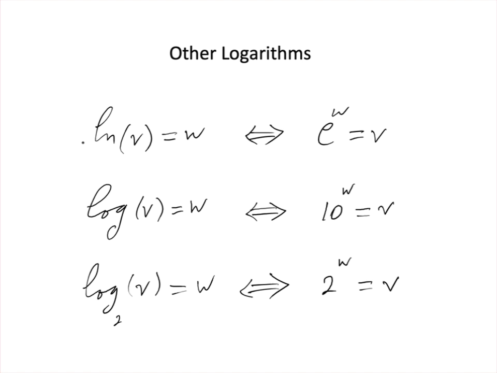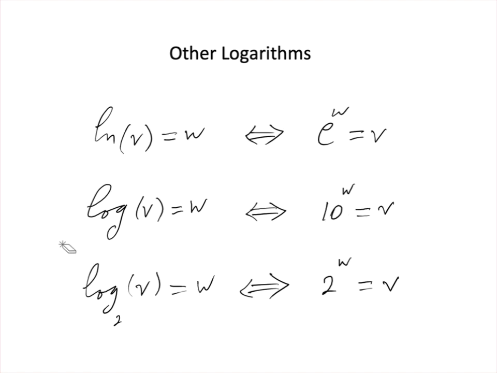Here, that is called a natural logarithm. Log is called the common logarithm, and the base for that is 10. So log of x is the inverse function of 10 to the x.